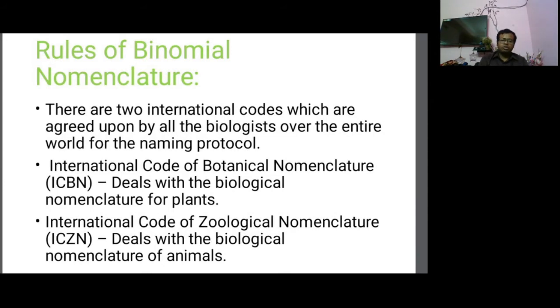Now we come to the rules of binomial nomenclature. There are two international codes agreed upon by biologists all over the world for naming different organisms, such as ICBN and ICZN. ICBN, the International Code of Botanical Nomenclature, deals with the nomenclature of plants, and ICZN, the International Code of Zoological Nomenclature, deals with the nomenclature of animals.